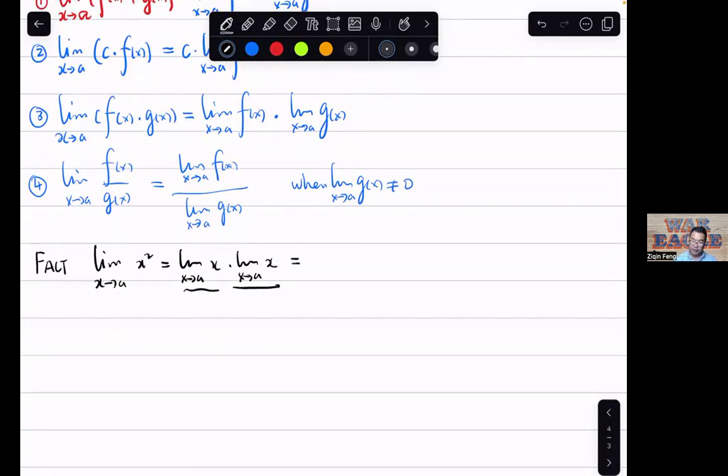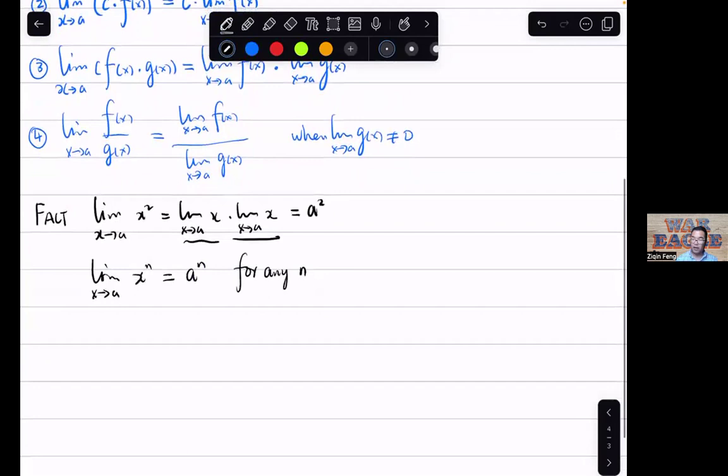So this is equal to a squared. In general, as x goes to a, x to the n is always a to the n. So for the power function, we know how to calculate the limit for any power n.